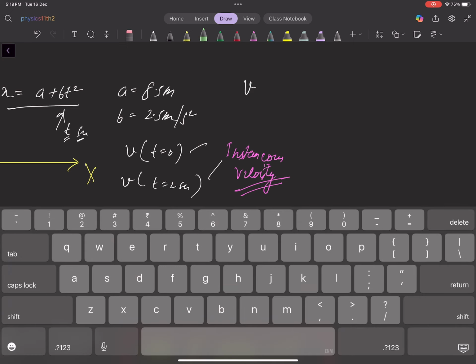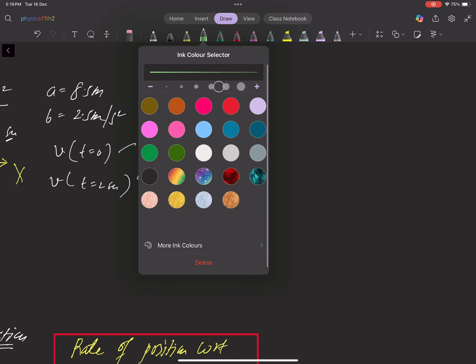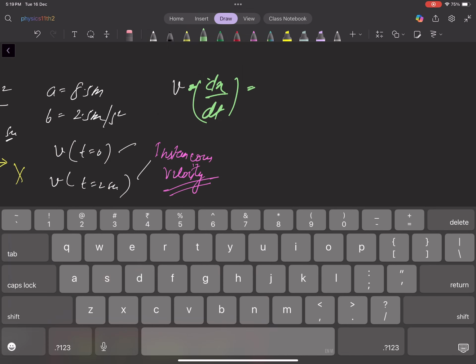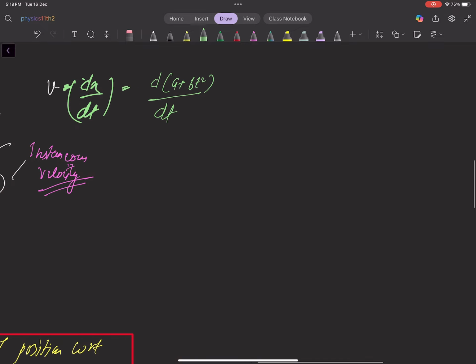So how do we find it? v equals dx divided by dt. This is the formula for instantaneous velocity. So how do we write the expression? d of (a plus bt square) upon dt. Okay, so let us calculate.